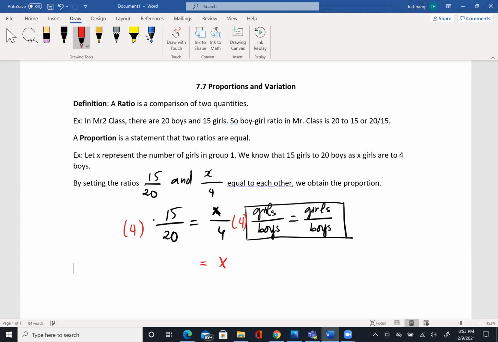The left hand side can be written as 4 times 15, which becomes 3 times 5, and the 20 I can write as 4 times 5. So you can cancel the common factor 4 and the common factor 5, and you have x equal to 3 as the answer.